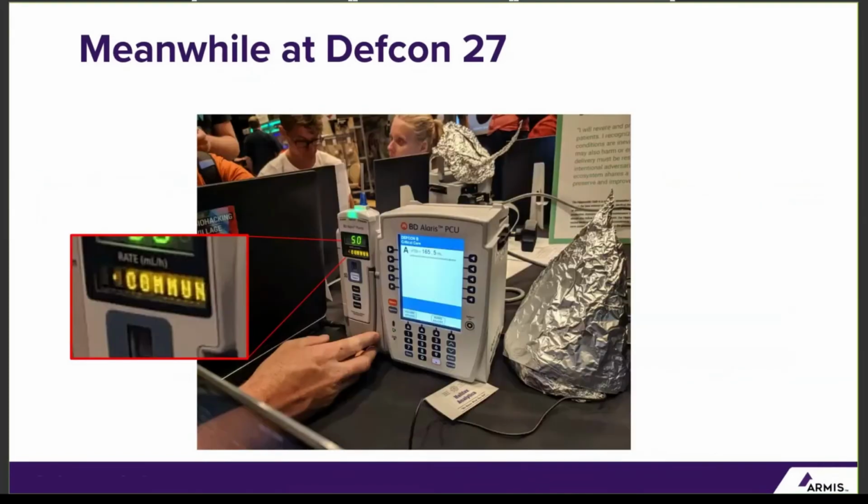So it just so happened that the BD-Alaris device that we had discovered as being vulnerable through our software was one of the devices that was on the Biohacking Village floor, along with BD. So BD was kind enough to allow us to test this device live on the floor, and what you can actually see here, before the device was unplugged and we were asked to stop for the time being, is the zoomed in image, which is actually a communication error.